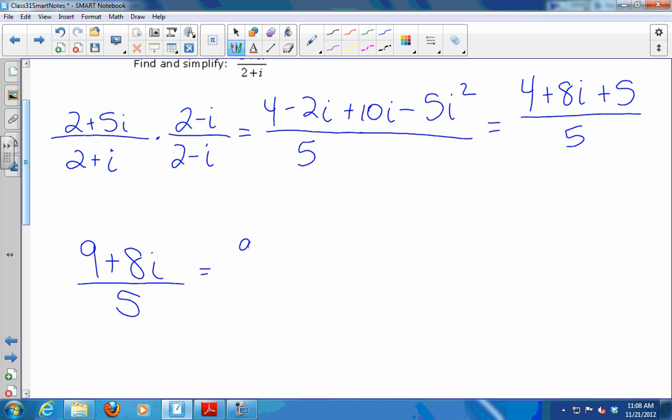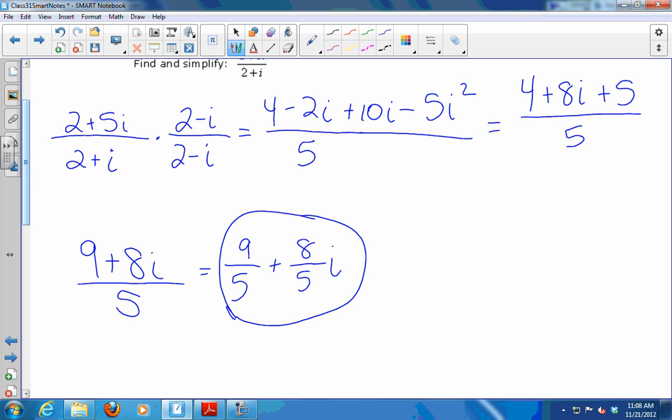So this is going to be 9/5 plus 8/5 i. So the trick when you're dividing two complex numbers is multiply the top and bottom by the conjugate of the denominator.